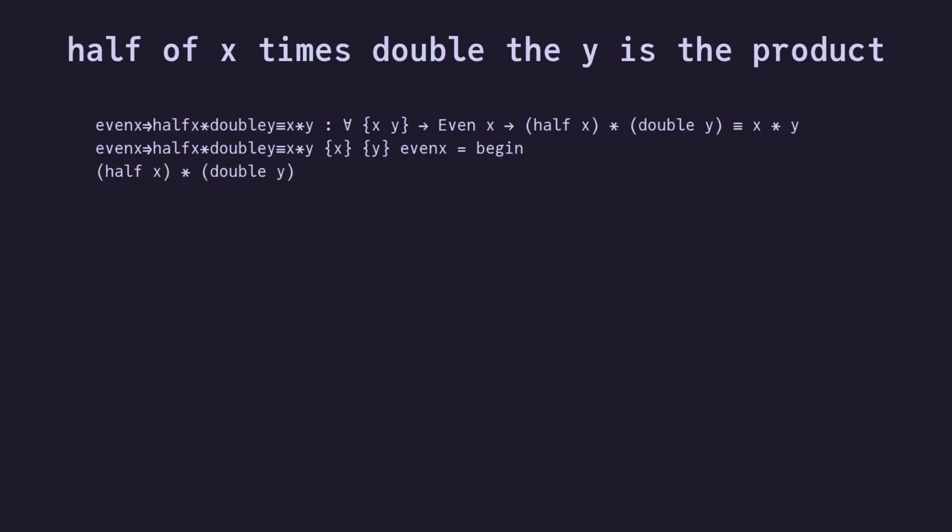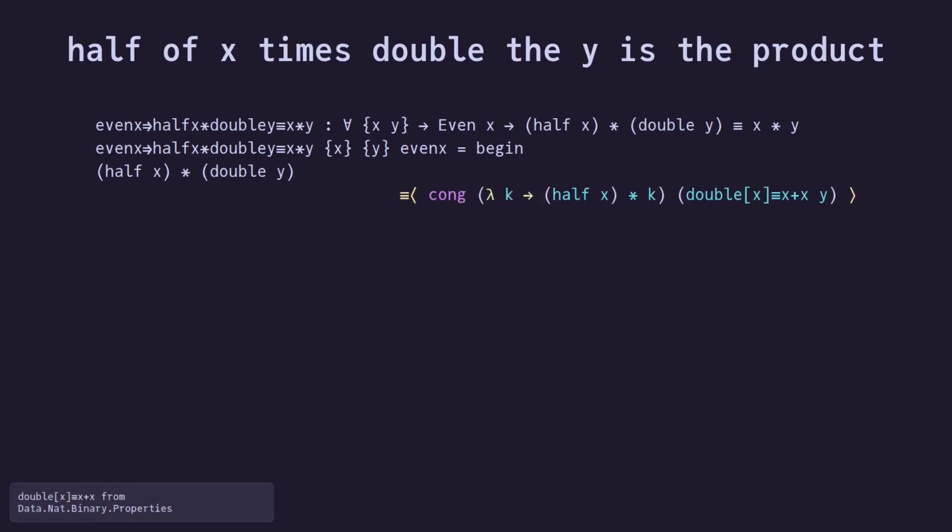We start with half x into double y. We have a lemma from the standard library called double of x is equal to x plus x. In this case, we invoke that lemma on y, so we replace double of y with y plus y.